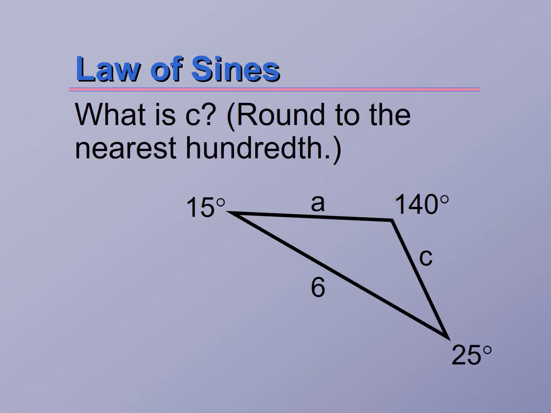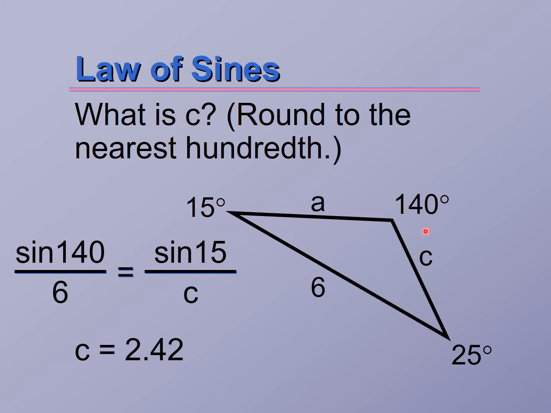Let's say we want to find side C. So we can use law of sines here. The known ratio that we have is the 140 to 6. So we can use sine of 140 over 6. And if we're trying to solve for side C, we're going to use sine 15 because that's the corresponding angle over C. Then we'll cross multiply, which means that c times sine 140 is equal to 6 times sine 15.